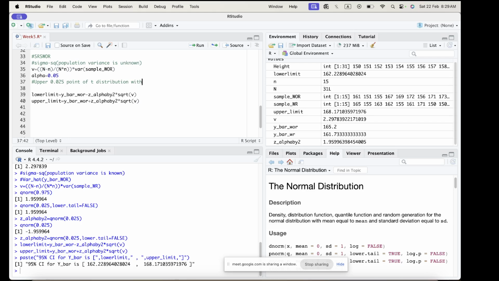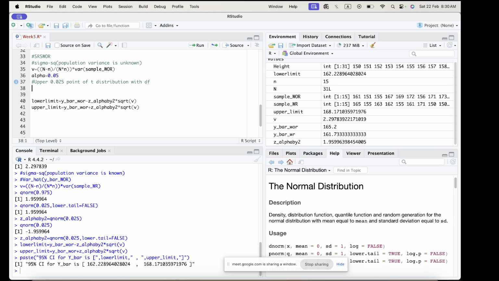Okay, so T distribution is a symmetric distribution which is characterized by its degrees of freedom. So df stands for degrees of freedom, and for this particular case the degrees of freedom of the T distribution that we are considering is 1 less than the sample size.